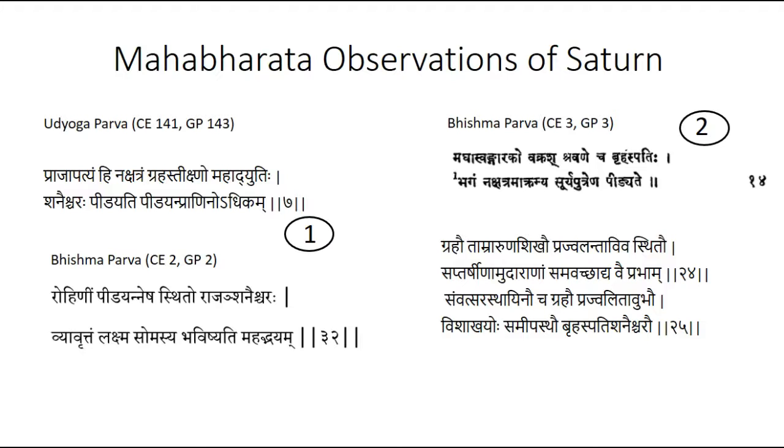And who were these two planets? Brahaspati Shaneshcharo. So Jupiter and Saturn. So Jupiter and Saturn were shining brightly, had settled near Nakshatra Vishakha for up to a year. That's what the meaning of this shlok is. And these are our three specific references of planet Saturn from the Mahabharata text.